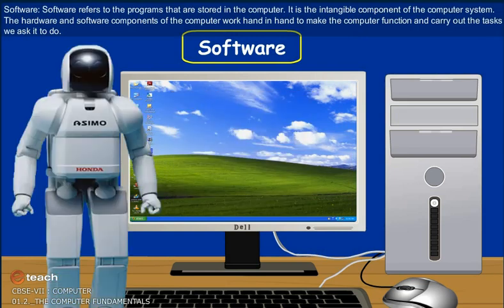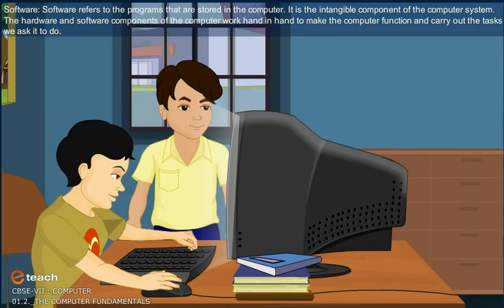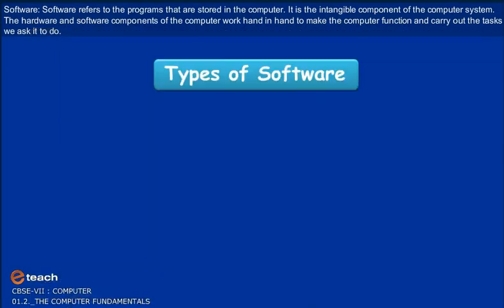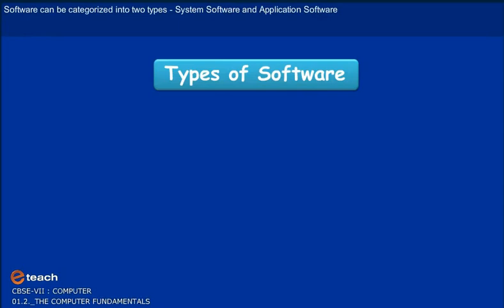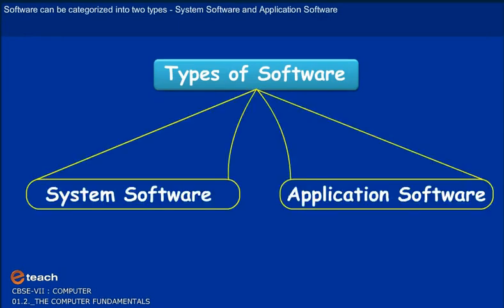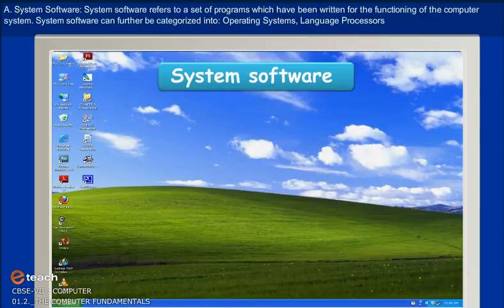It is the intangible component of the computer system. The hardware and software components of the computer work hand in hand to make the computer function and carry out the task we ask it to do. Software can be categorized into two types: system software and application software.